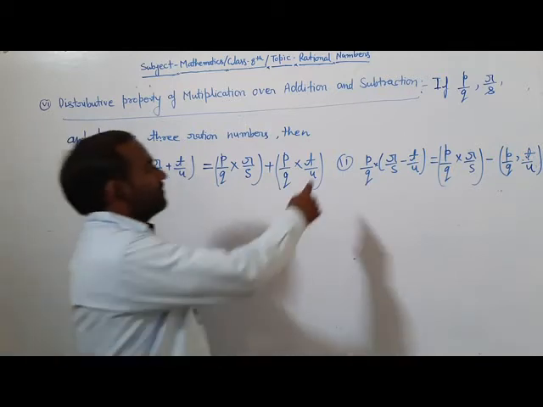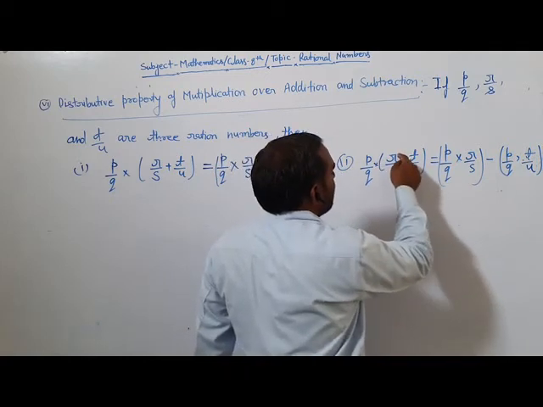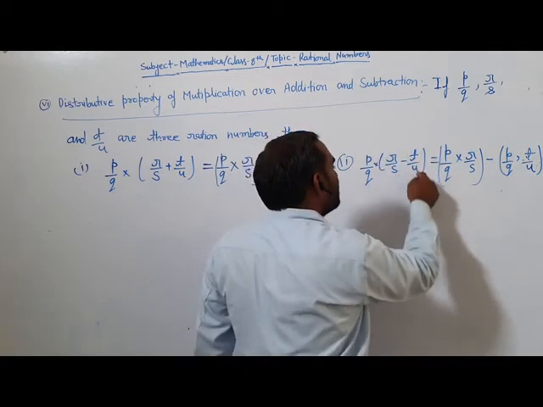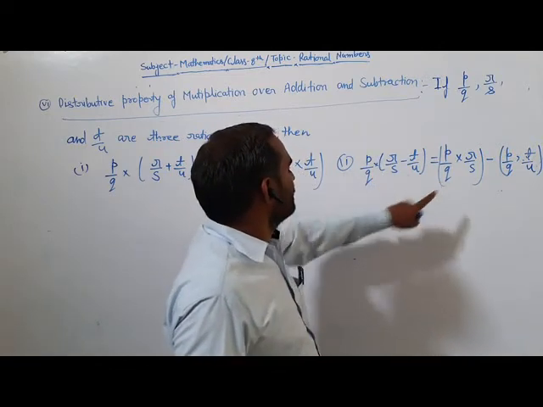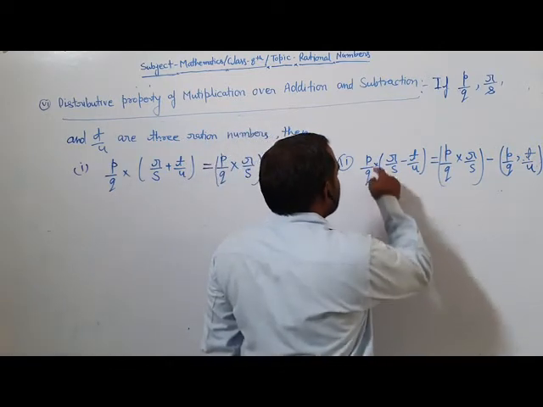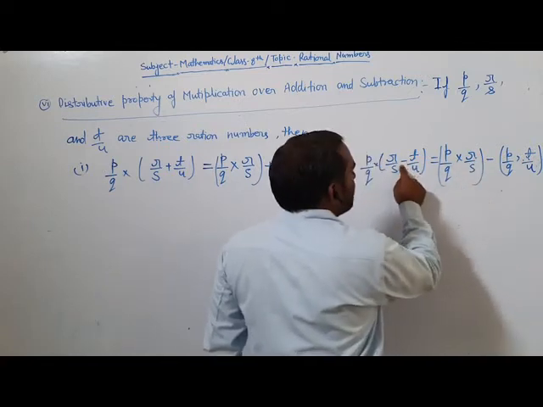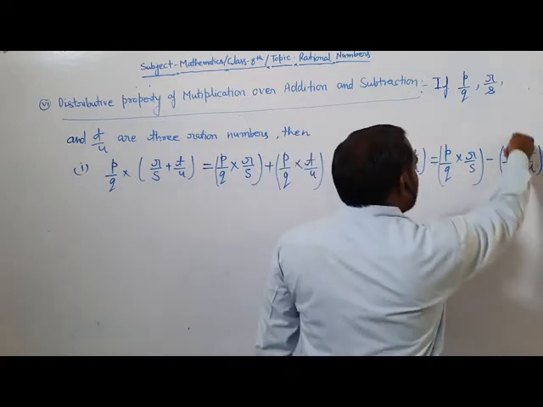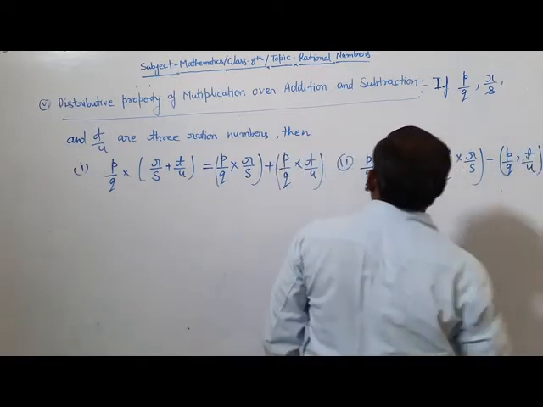Here p by q into the bracket r by s minus t by u, close the bracket. Here you have to distribute by the multiplication method. p by q into r by s. Here we get minus, so we write minus, p by q into t by u.